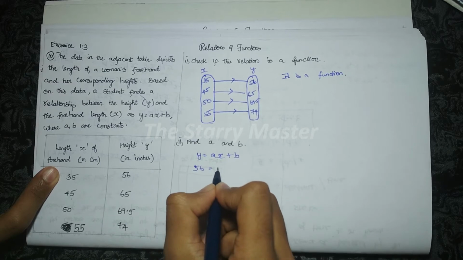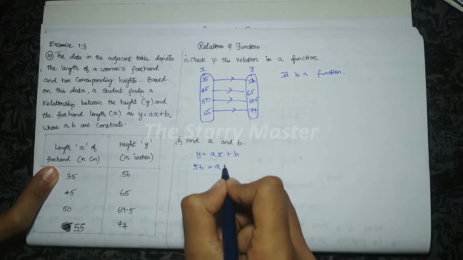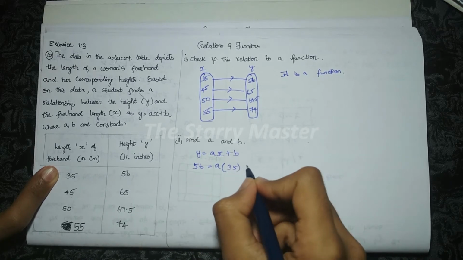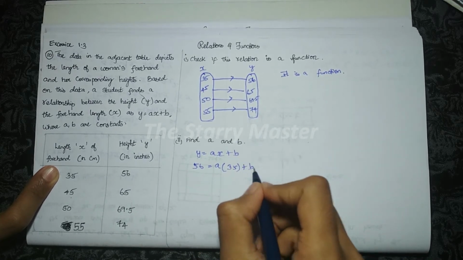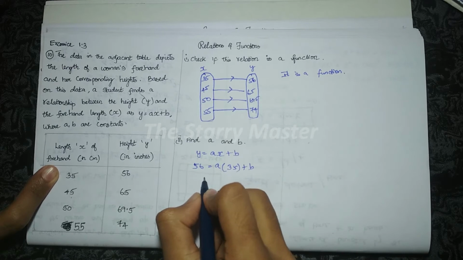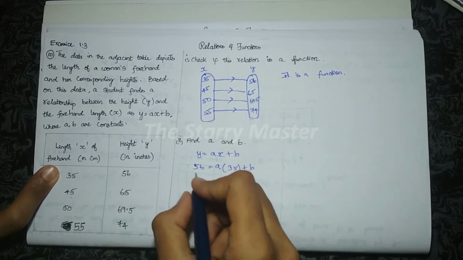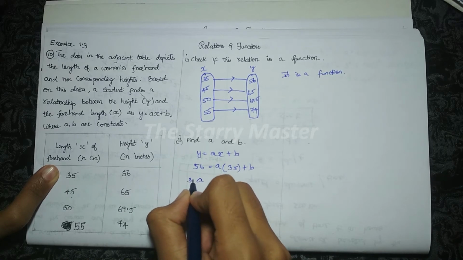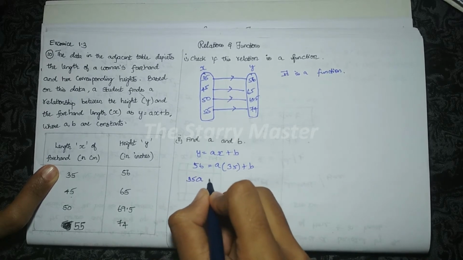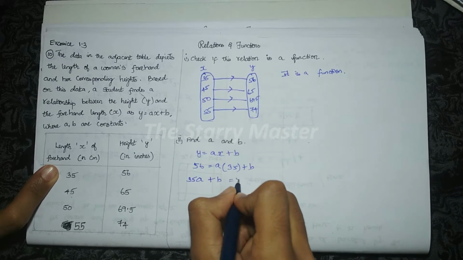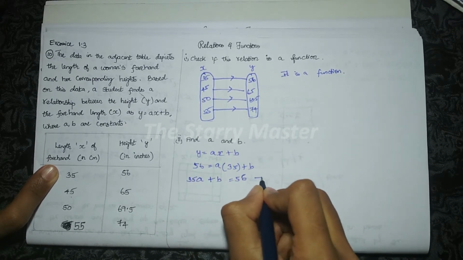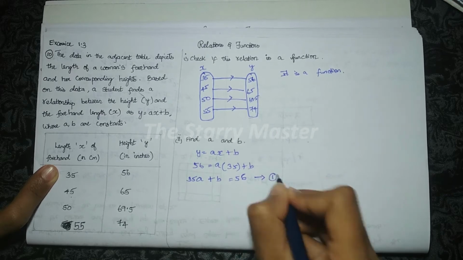So 56 is equal to a, which we don't know, times the value of x, 35, plus the value of b, which we don't know. We write it in this format: 35a plus b equal to 56. Let's take this as equation 1.